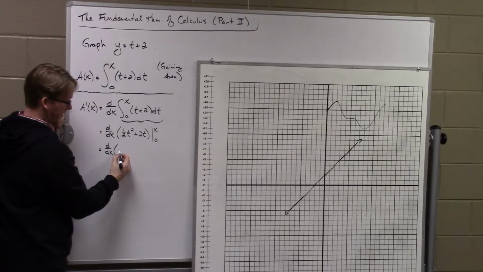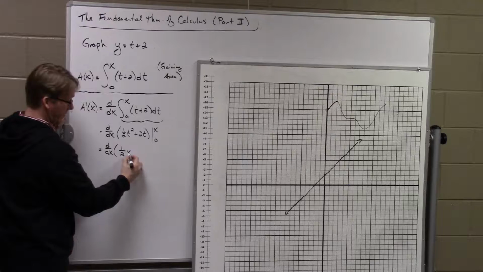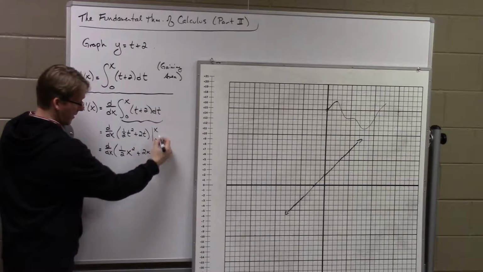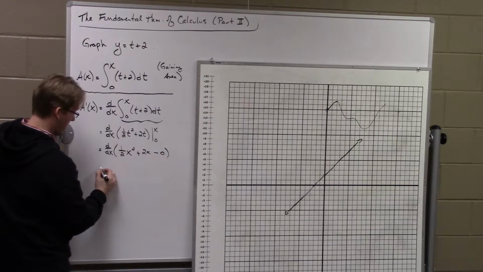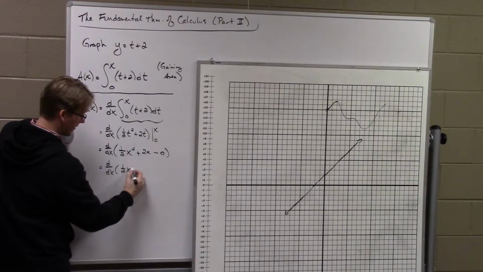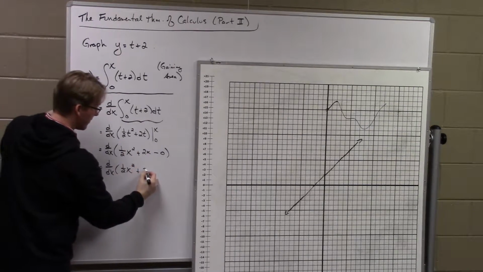So, 1/2, plug in x. 1/2 x squared plus 2x minus 0, or the derivative of 1/2 x squared plus 2x.